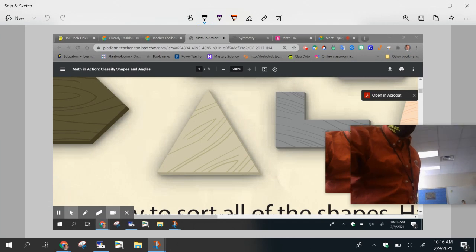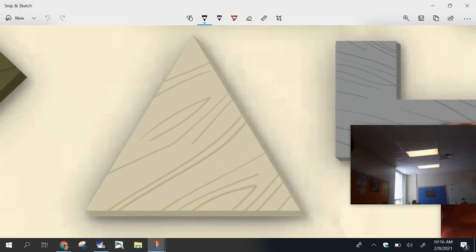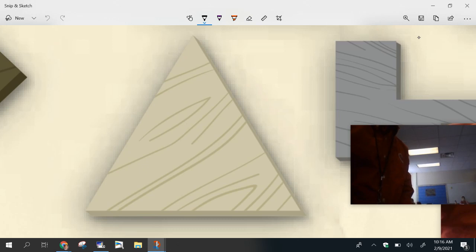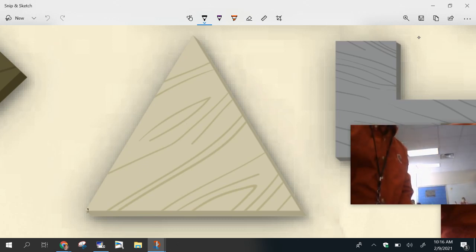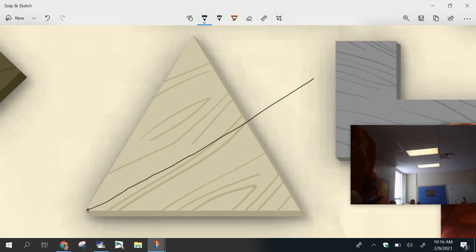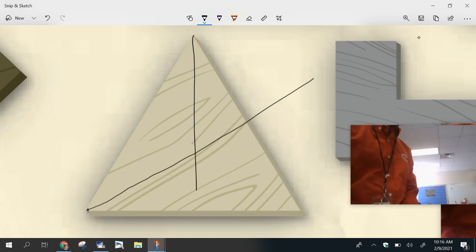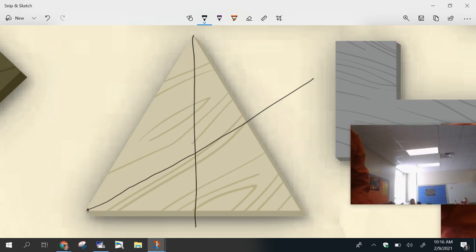Okay. So if we take and go from point straight down, they would fold over on each other. Okay? If we go from here straight down, it would fold over. I see that now.